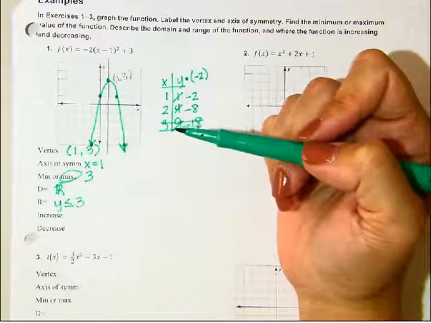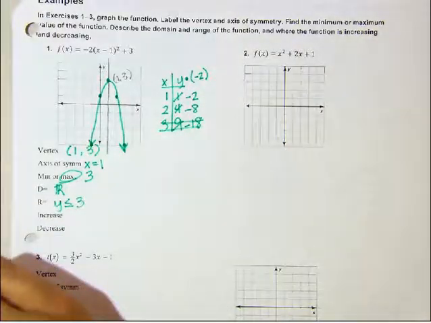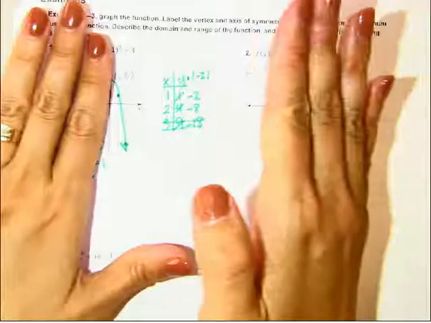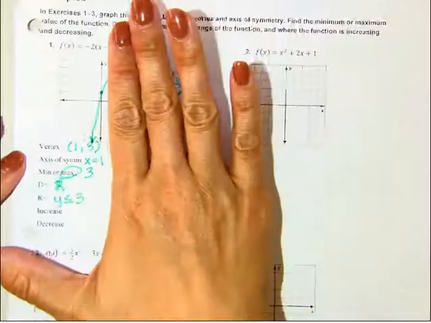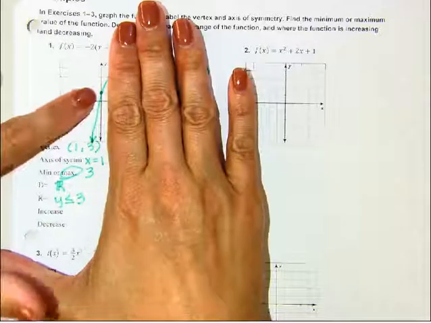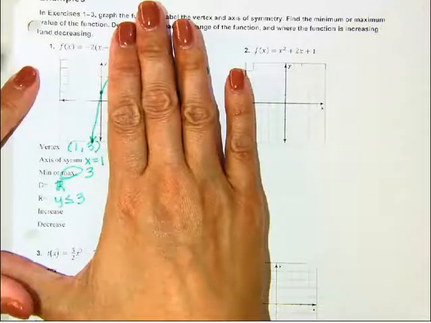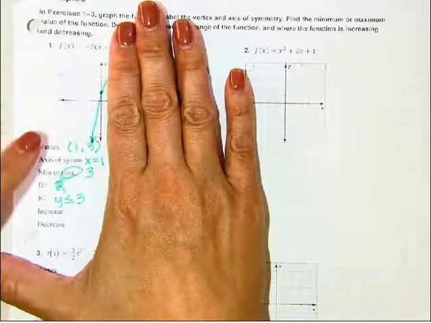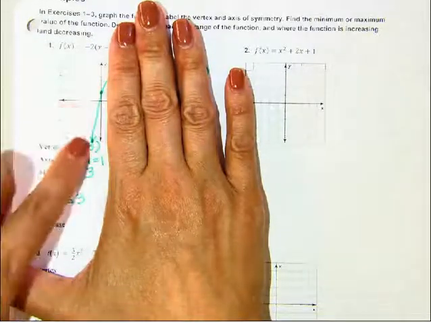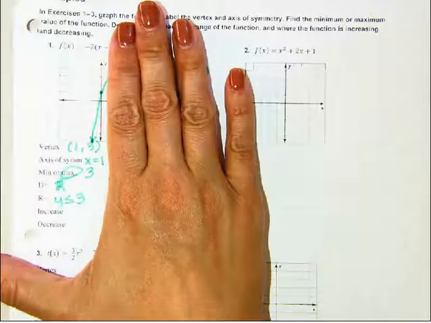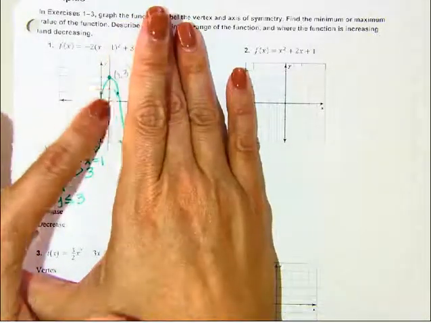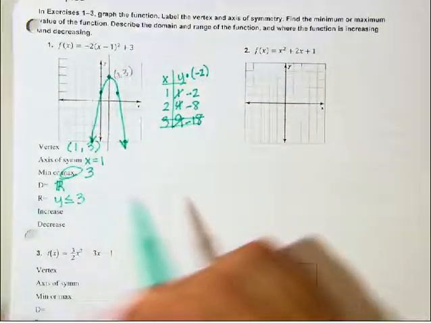Now, increasing and decreasing, that is the x values leading up to and away. It's going to be doing one thing or another. So if I cover up the left side, so I stop at my axis of symmetry, and just like a line, see how this is going up, which would mean it's increasing. Kind of if it was a line, it'd have a positive slope. So reading it like a book from left to right, this is increasing until it gets to my vertex.